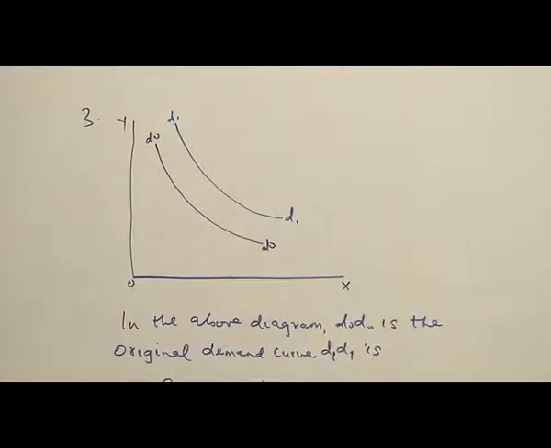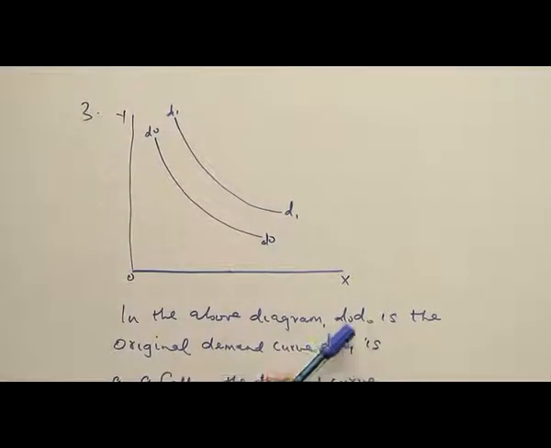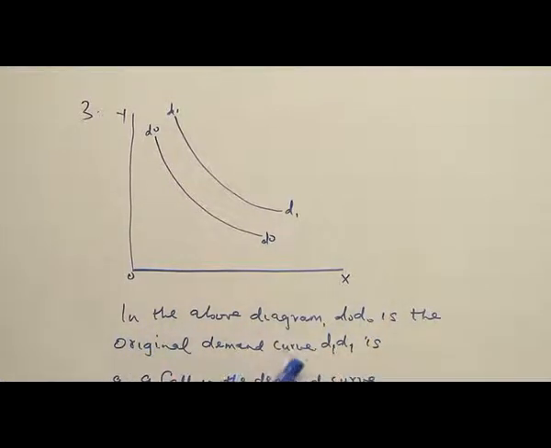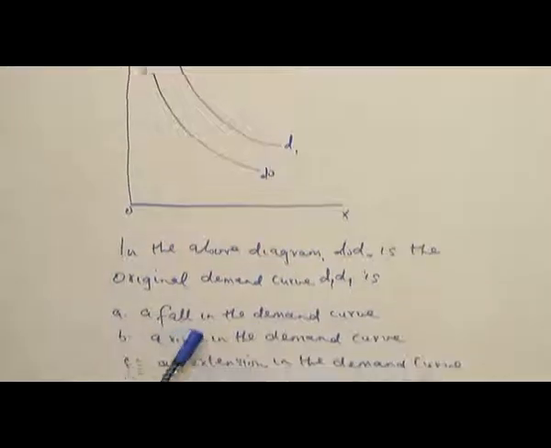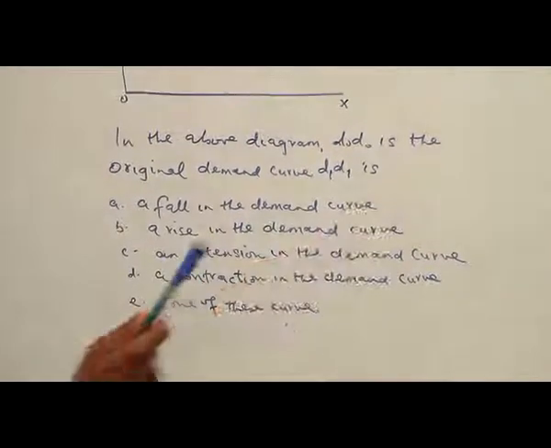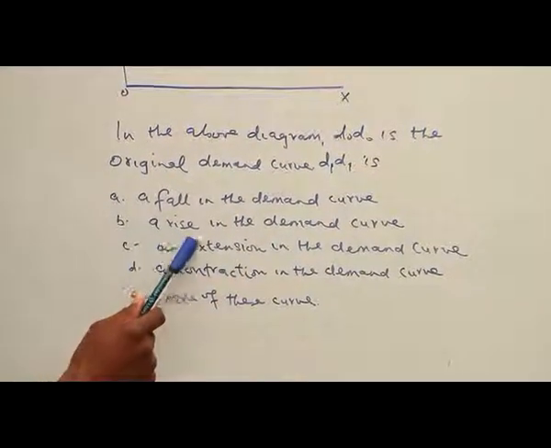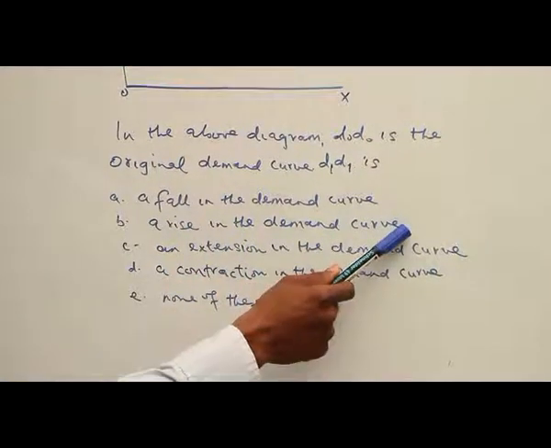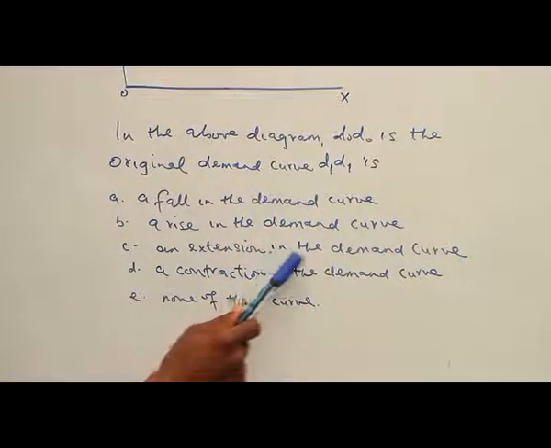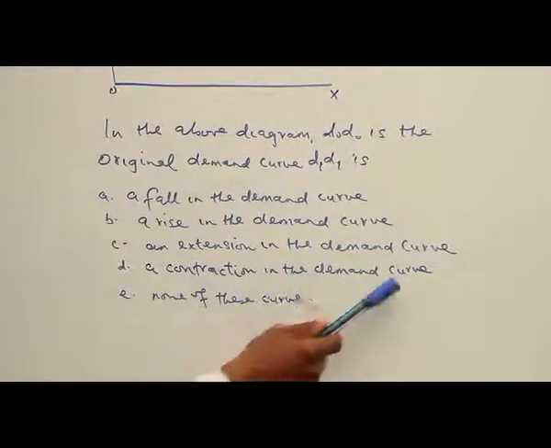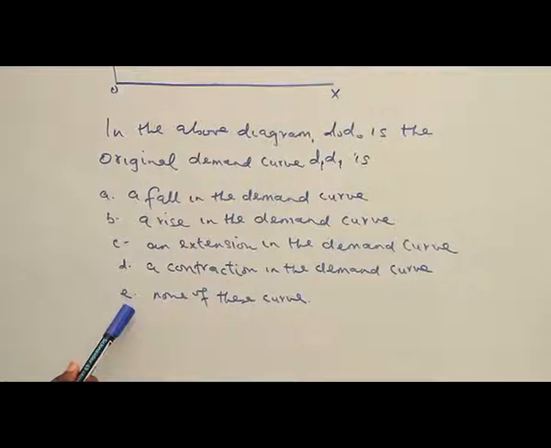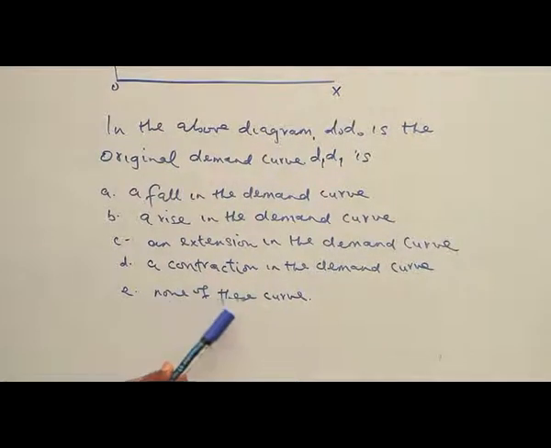From the diagram above, D0 is the original demand curve. D1 is A. a fall in the demand curve, B. a rise in the demand curve, C. an extension in the demand curve, D. a contraction in the demand curve, E. none of these curves.